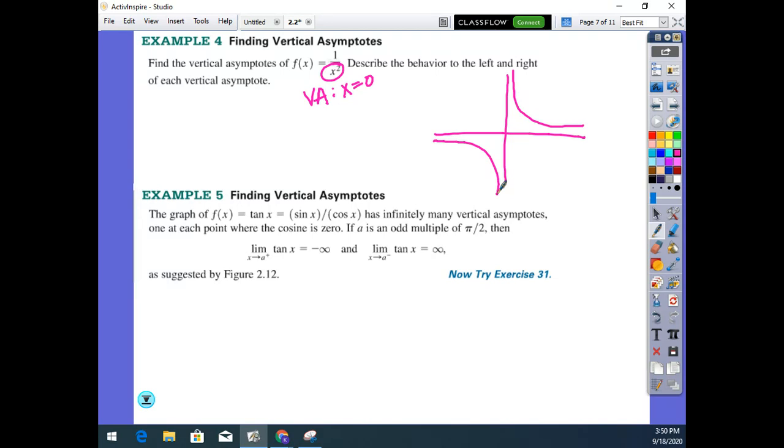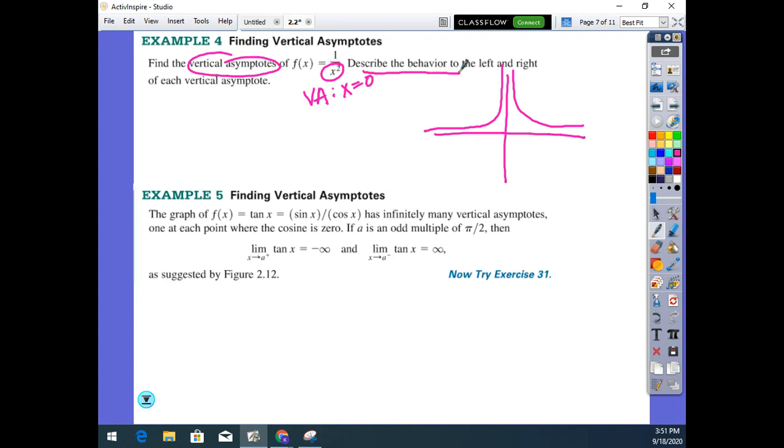What do you think 1 over x squared means? Tell me about all the y values of x squared. What are all the y values of 1 divided by x squared? Notice I can't have negative y values, so it just reflects and stretches them a little bit taller. But I'm not looking for the perfect shape here. It wants to know the vertical asymptotes and to describe the behavior.